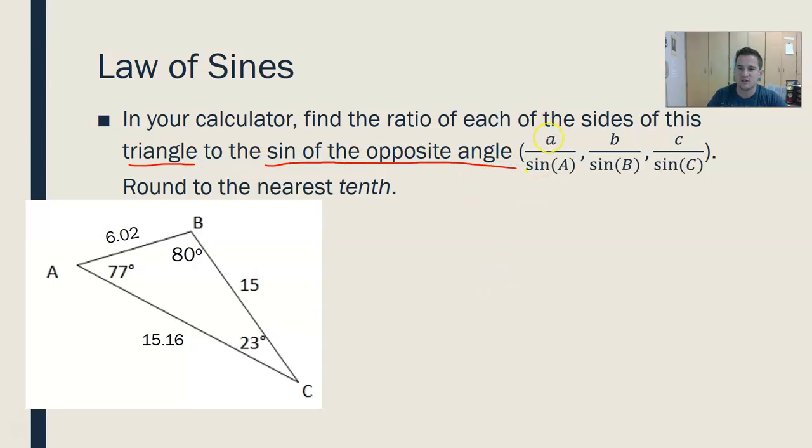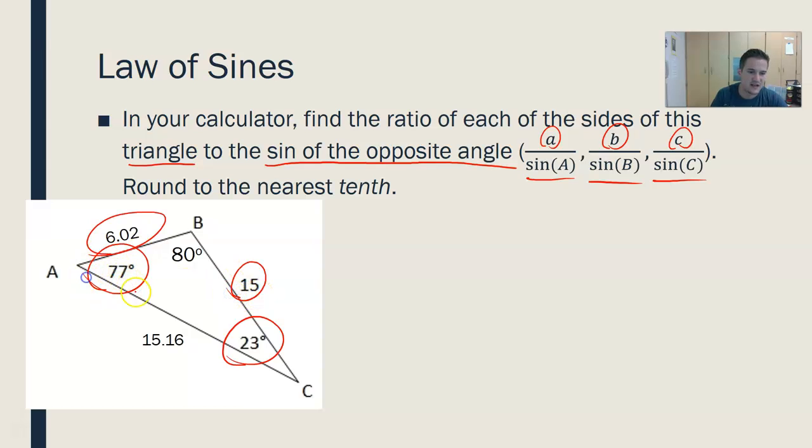In other words, I want you to take side A divided by sine of angle A, side B divided by sine of angle B, side C divided by sine of angle C. So this side divided by the sine of this angle, this side divided by the sine of this angle, this side divided by the sine of this angle. So this is side C, side B, and side A. So we're taking each of these sides and dividing it by the sine of their opposite angle. So take a minute and do that. You can pause the video, do that real quick, and I want you to see what you notice.